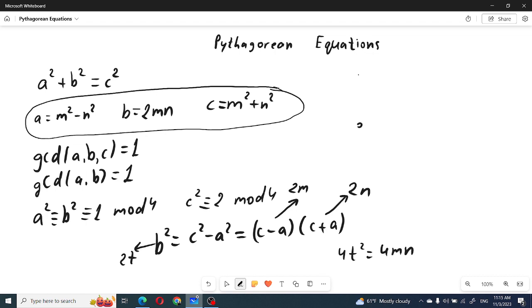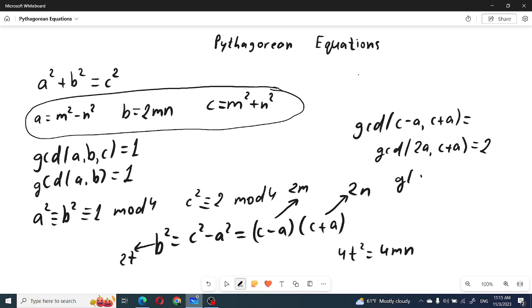At first notice that the GCD of c minus a and c plus a must be equal to the GCD of 2 times a and c plus a. And clearly this is 2 because a and c are coprime numbers. And from here we can conclude that the GCD of m and n equals 1.